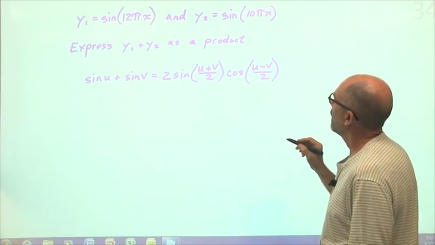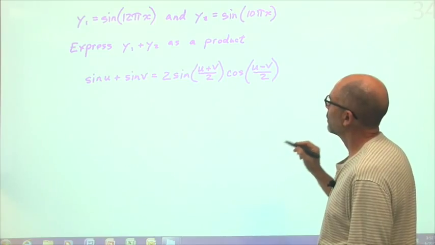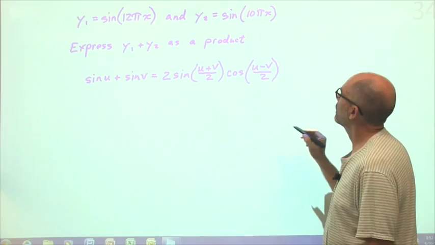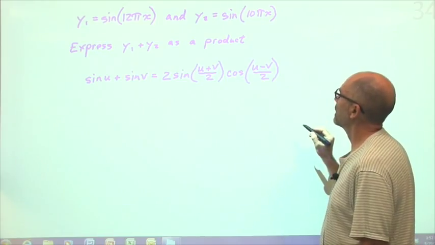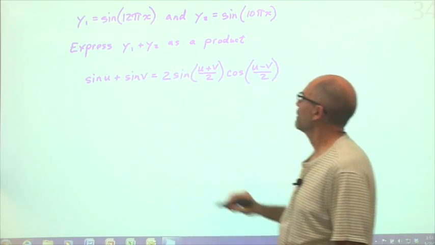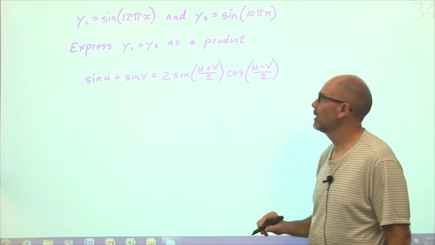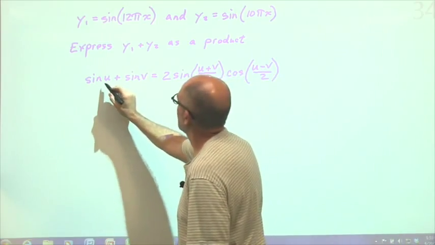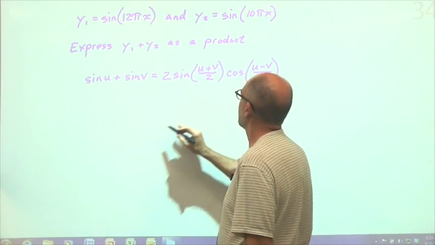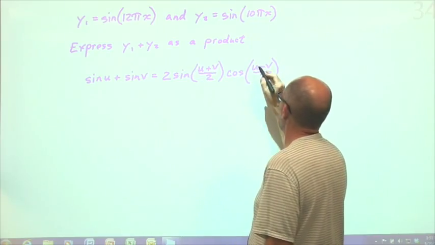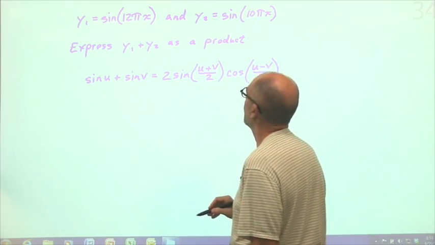if y sub 1 equals sine 12 pi x and y sub 2 equals sine 10 pi x, we want to express y sub 1 plus y sub 2 as a product. So, sine of u plus sine of v equals 2 sine u plus v over 2 cosine u minus v over 2.